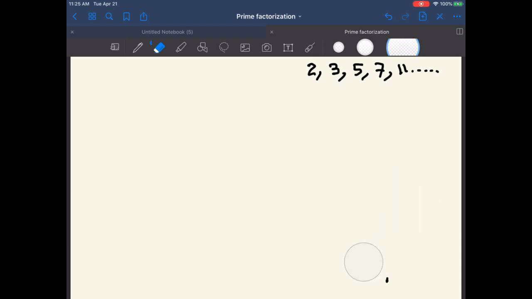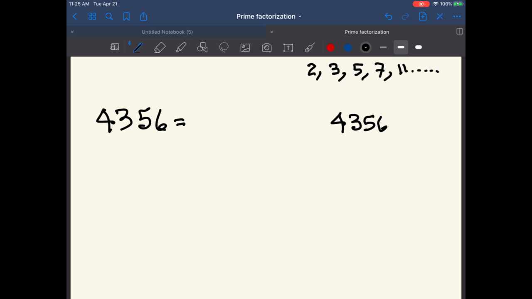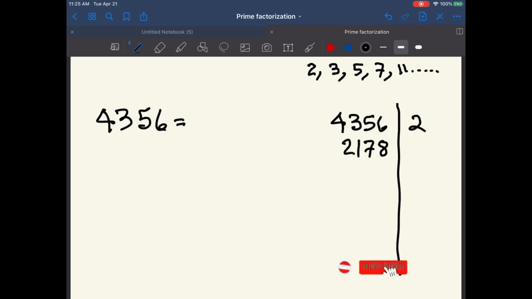I'm going to do another example. For example, the prime factorization of 4356. You can divide 4356 by 2, and it is 2178. Divide by 2 again and it is 1089. But 1089 is not divisible by 2 because this is an odd number.